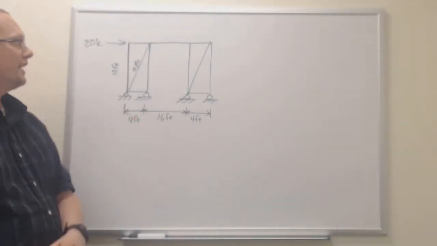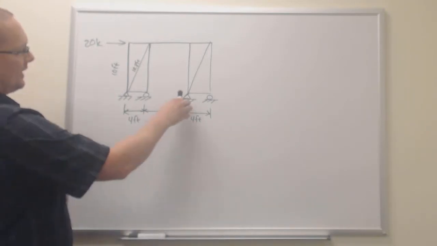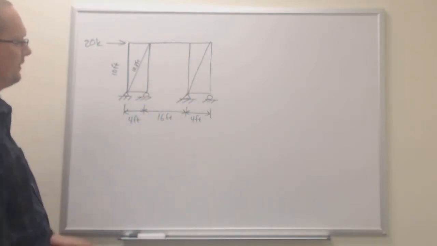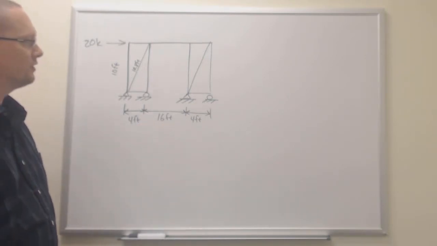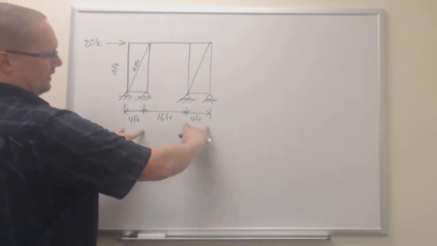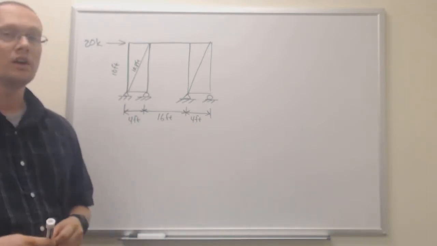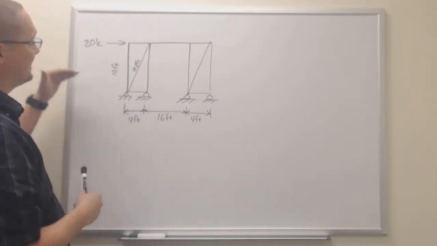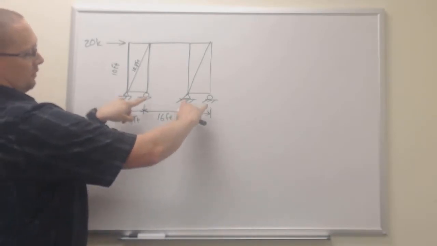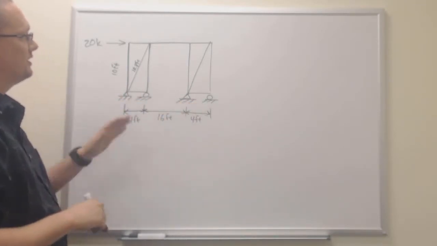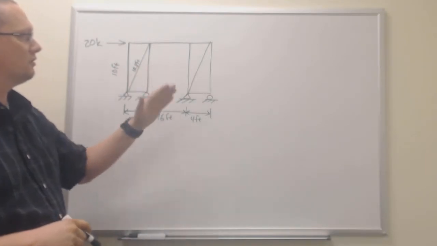So here's our structure now that we've drawn, and I've cut out of the middle of this 24-foot wide wall a 16-foot garage door. So now all we're left with is two 4-foot sections of wall on either side of the garage door that still have to resist the 20,000 pounds. However, that 20,000 pounds is assumed to be distributed evenly across these two shear walls.